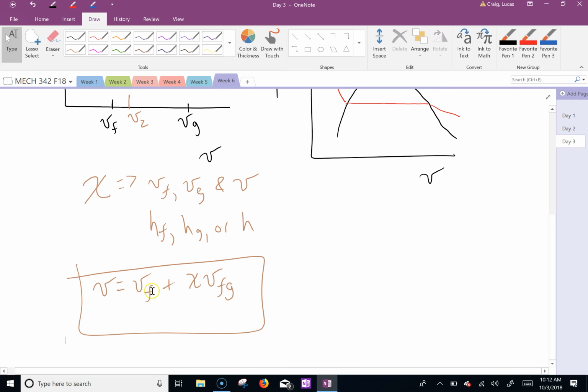Okay, so these have to be found on the table. And what is VFG? That is VG minus VF. Okay, so remember that. I saw some students forgetting about that. If you are a superheat or a gas or a vapor, you can use tables, or you can use the equations that I'm going to talk about here in a second, which we talked about last class.